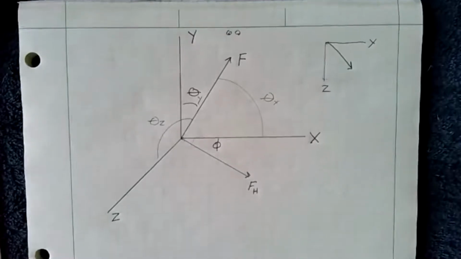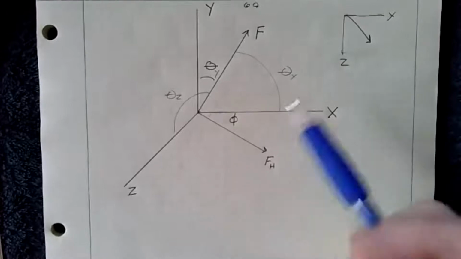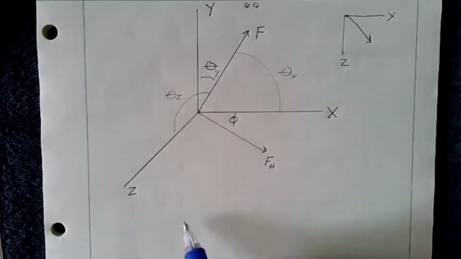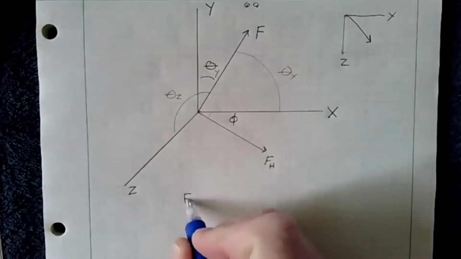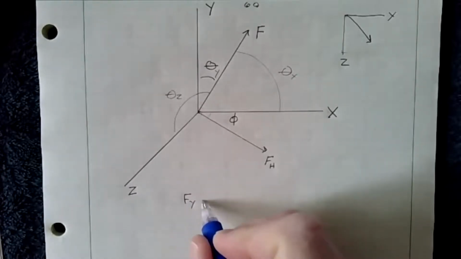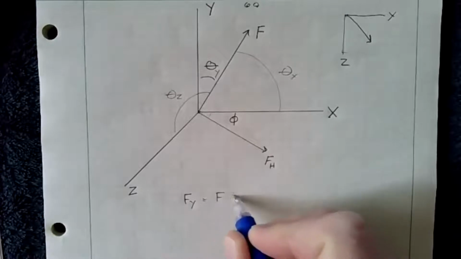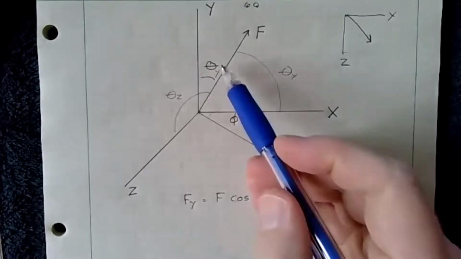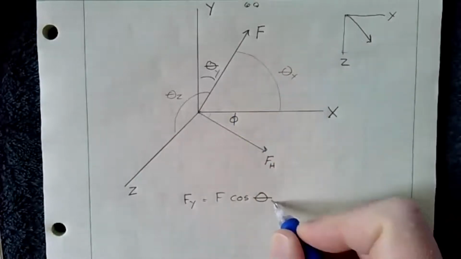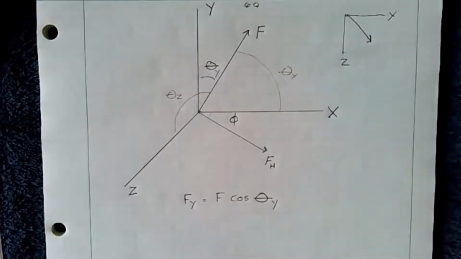How do we do that? Well, first, let's see what we have with just F and FH. With F, we know that the force in the Y direction is just equal to F cosine of theta, the theta that's up here. So we could label it sub Y for convenience.